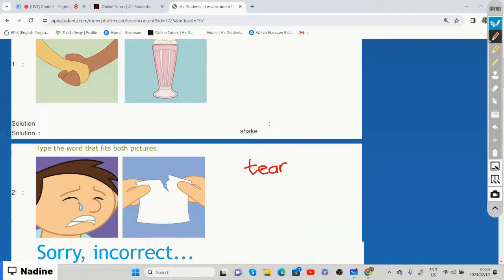So the first picture, it's where the person has got tears in the person's eyes. And then the second picture, it's where you're pulling a page apart, and we call that tearing it up, right? So you tear a page.